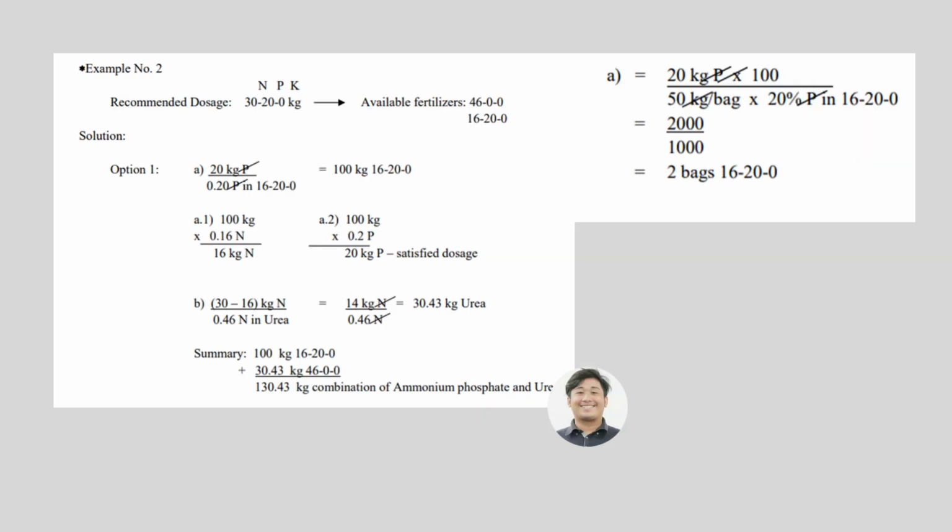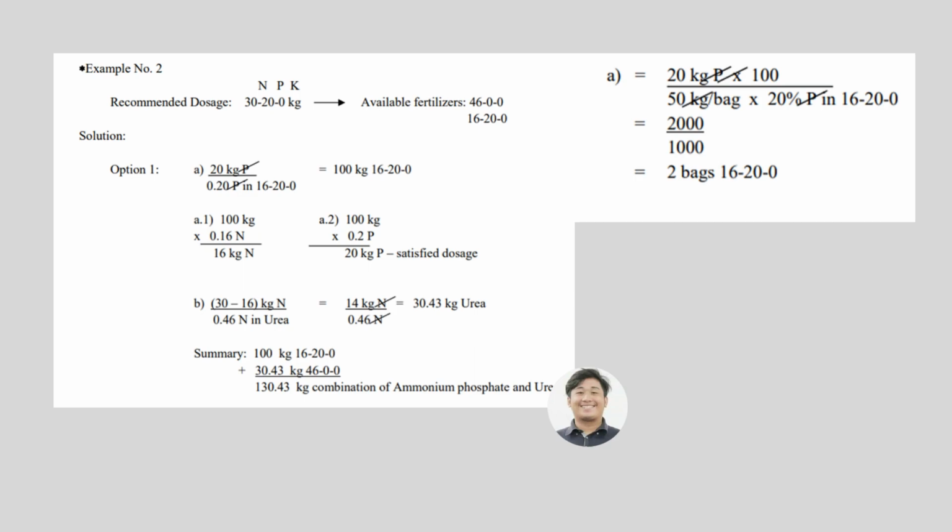So here is an example of how to solve incomplete fertilizer. Here we have a recommended dosage of 30-20 of NPK. We have two sacks: one urea and one incomplete fertilizer, which is the NPK 16-20. The urea is 46.